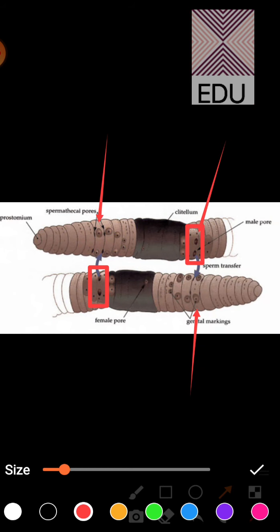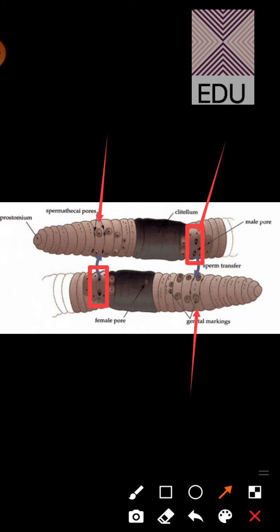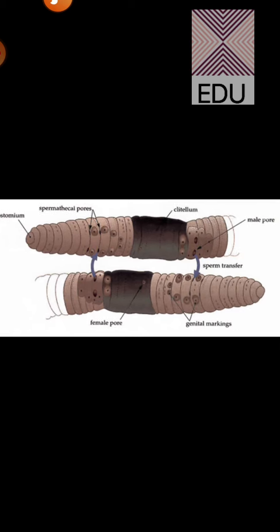So what happens is that there is an exchange of the sperms from the male genital pore of the first to the spermathecae of the second, and from the male of the second to the spermathecae of the first. So this is a kind of mutual exchange of the sperms. After the exchange of the sperms, these two earthworms separate out.